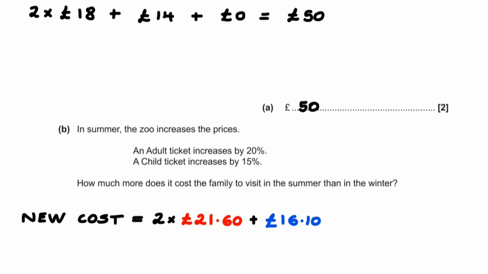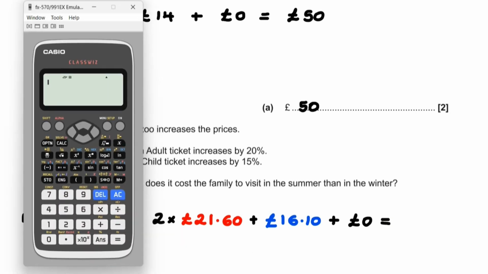And then the child who is 1, that's free, so I need to add on £0. And if I work out what this is equal to, I have 2 times £21.60 plus £16.10, so I get £59.30.